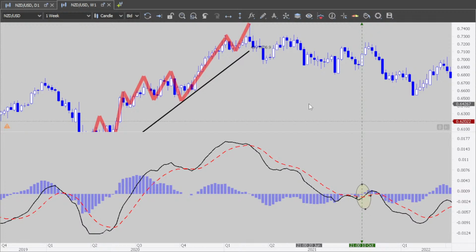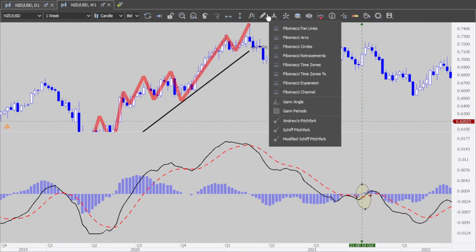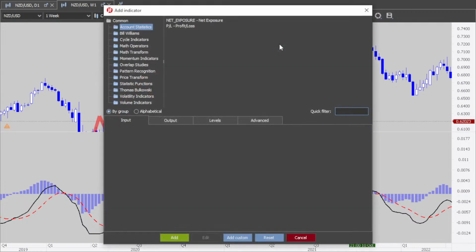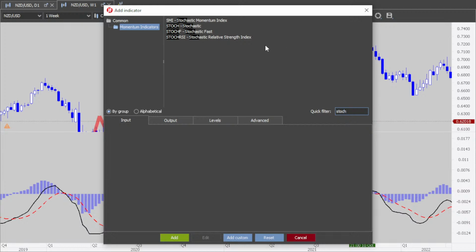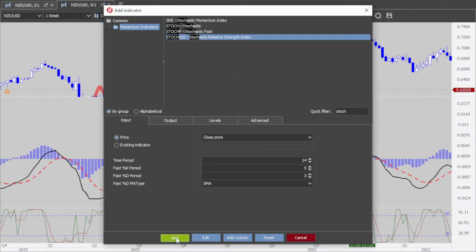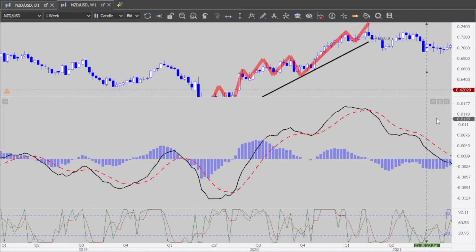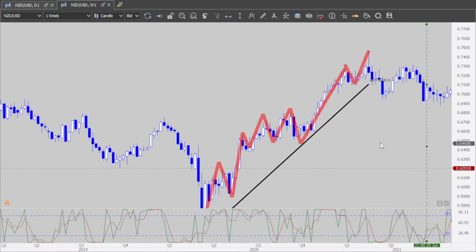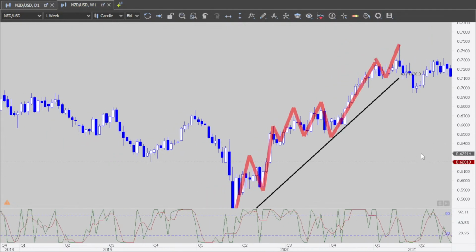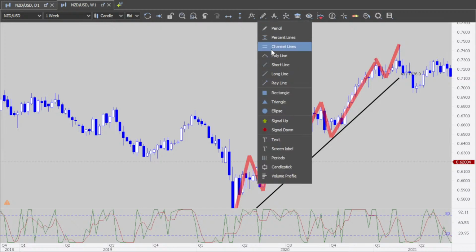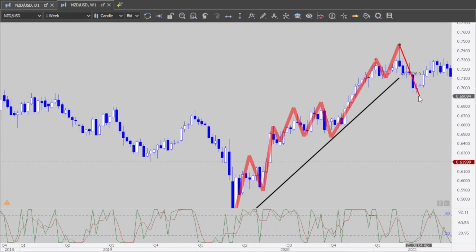Make sense, everybody? And if we put stochastic again, where is here FX, add indicators, stochastic RSI on the chart. Now MACD out. You don't see the future. The market was in an uptrend, everybody, making higher highs, higher lows.